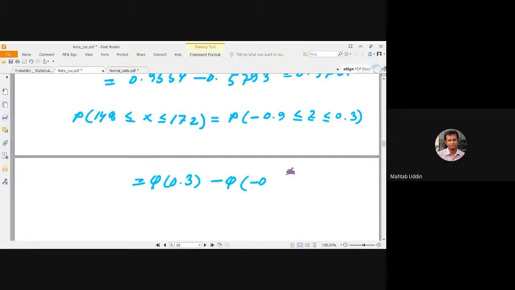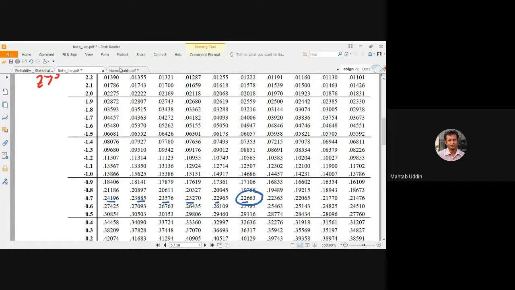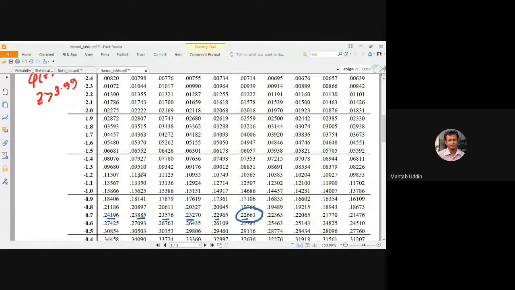You can write this in two ways. We can find 0.3 is 0.6179. We can write 1 minus phi of 0.9, or we can take this from the negative table directly. Minus 0.9 is 0.1841.